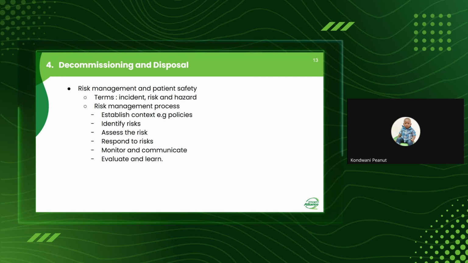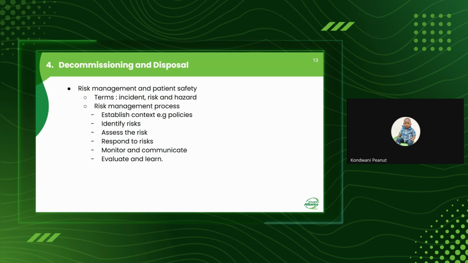I remember we were involved in developing local policies in terms of risk management. So it tells you about the context in which you are going to handle your risk issues. And then you need to identify the risk. After you have identified the risk, you need to assess it. There are risk matrices that are used there, and you follow them to rate each risk.